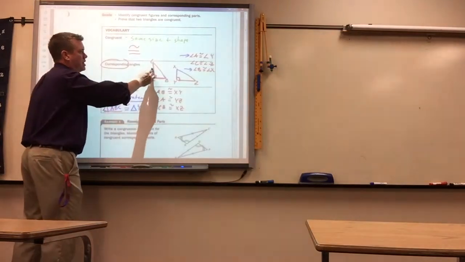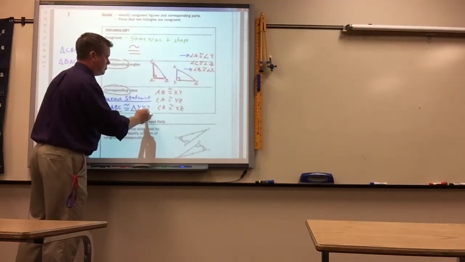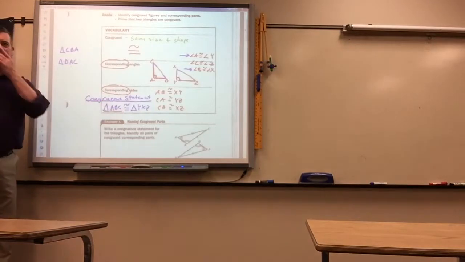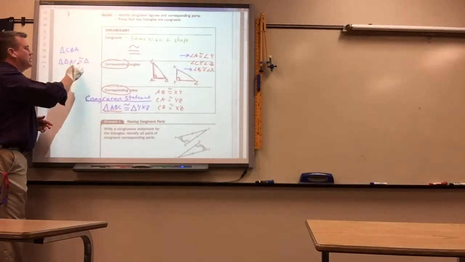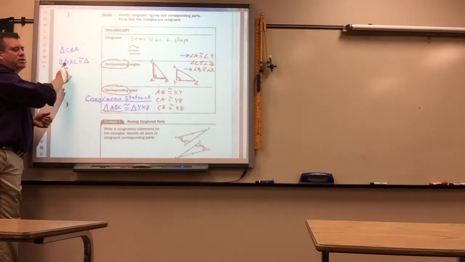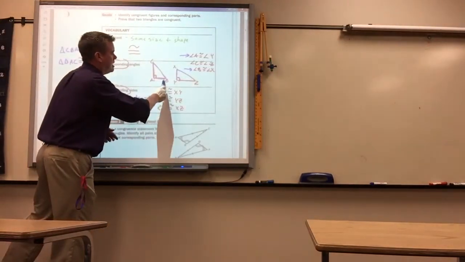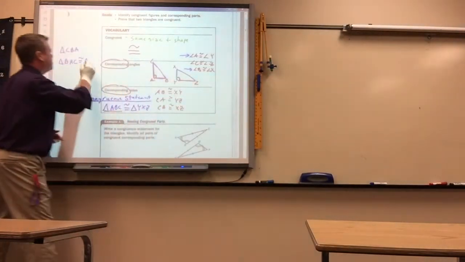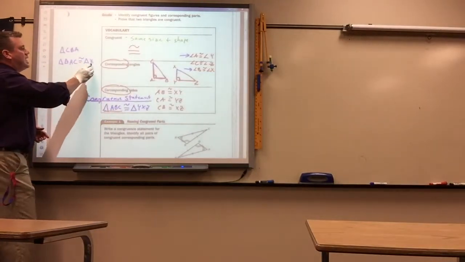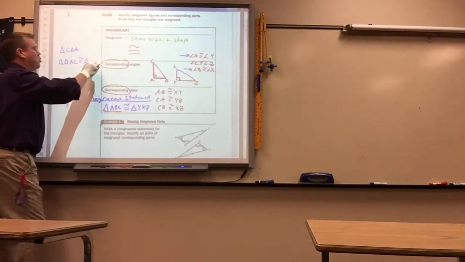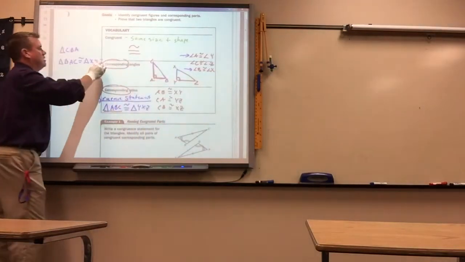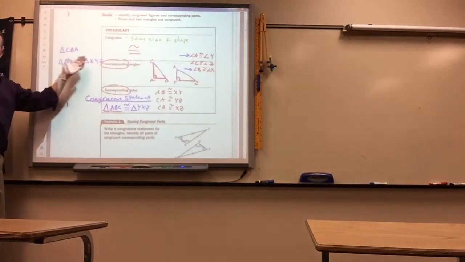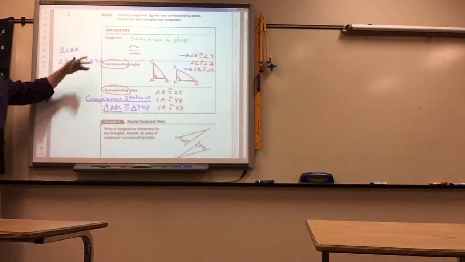And then the last one is C and Z. So there's the congruence statement. If you would have written BAC, then you just have to switch the order accordingly. B is the same as X, so I'd put X first. A is the same as Y, so I'd put Y second. C is the same as Z. So the second one matters, the first one doesn't. You just have to put it accordingly.